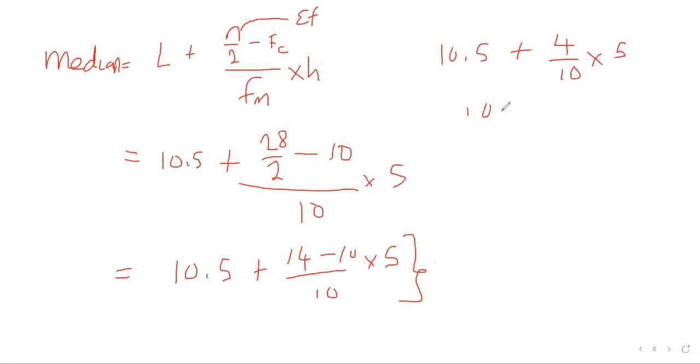So here we're going to have 10.5 plus 2, which will give us 12.5. So this is called our median. We need to know that median means middle.